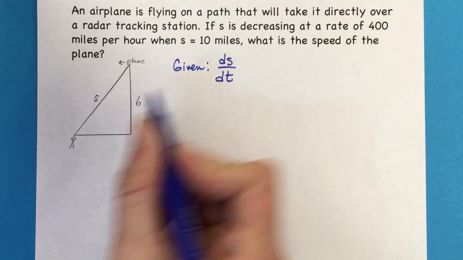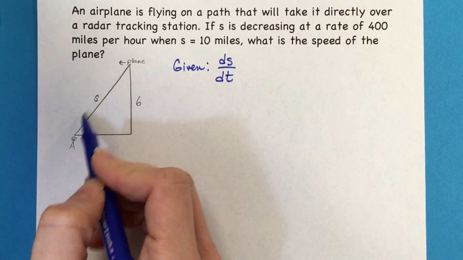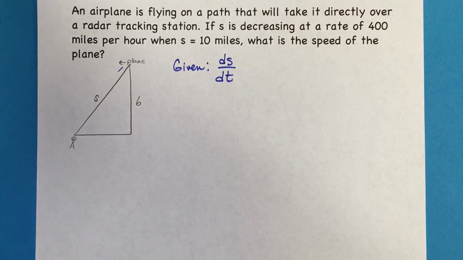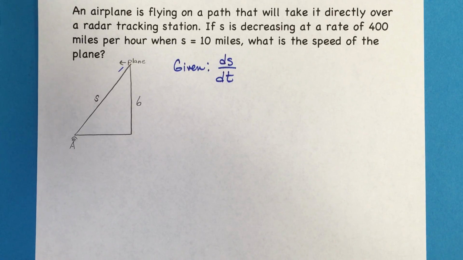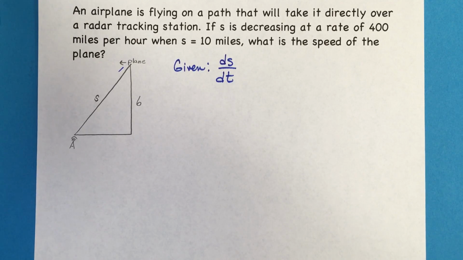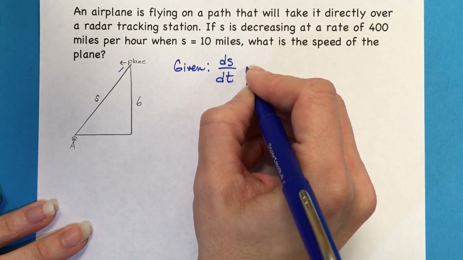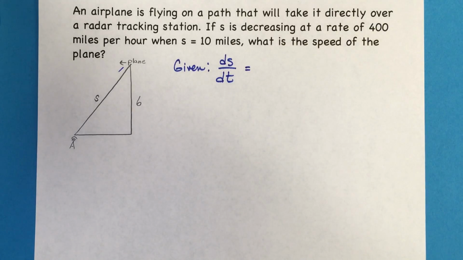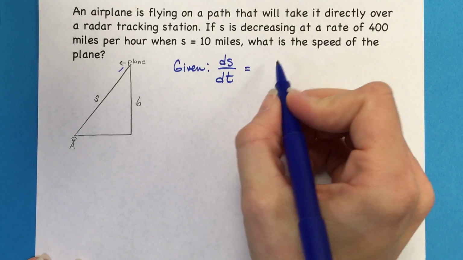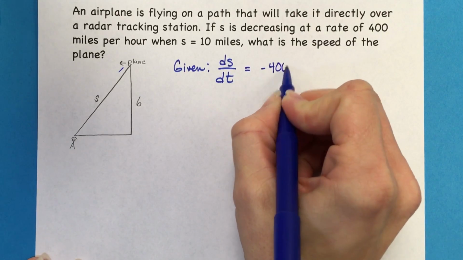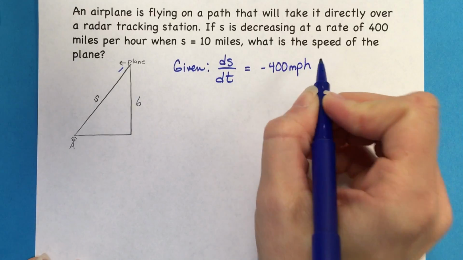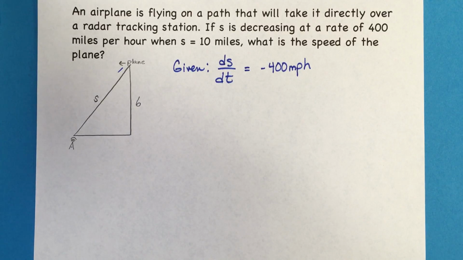Of course, I'm picking S because this distance here was already labeled for you as being S. Now, that rate is decreasing at 400 miles per hour. You actually need to identify that as negative 400, and that's because it is something that is decreasing.